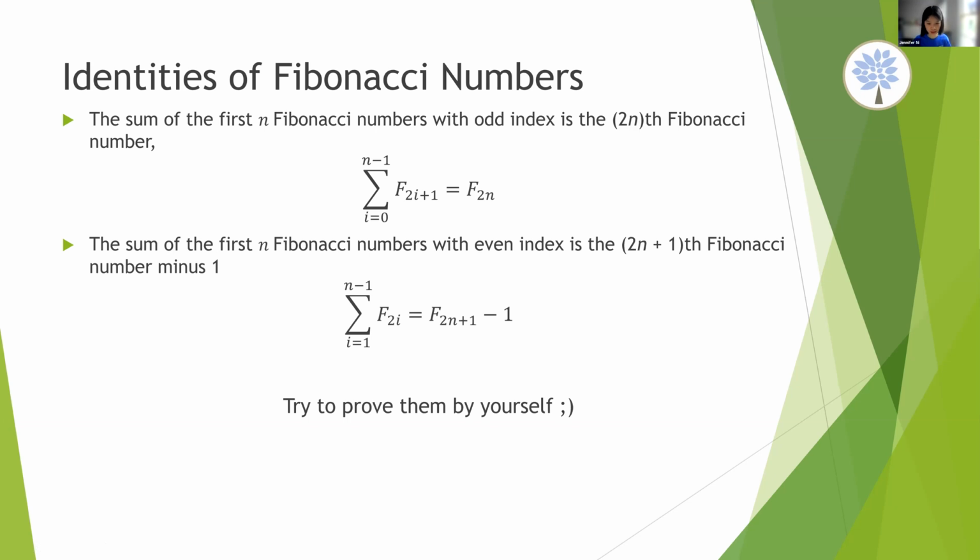I'll give some time for you to try to prove them by yourself as an exercise. As a hint, implement a similar technique to what we tried together in the first example. So we use methods that resemble the first example to the proofs we just went over.